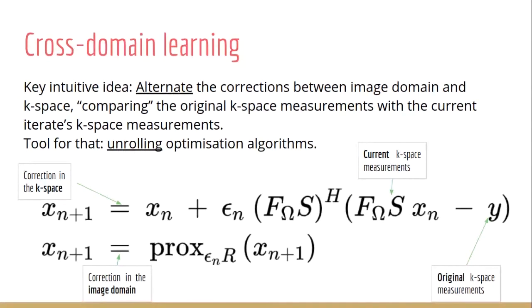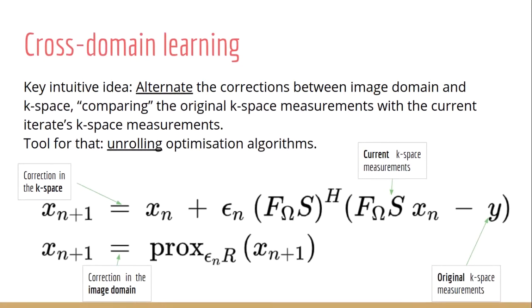So when I say K-space, just think Fourier space, and you should be fine. We're going to try to alternate the corrections between the measurement space and the image space. And while doing so, we're going to try to always compare the original measurements with the current measurements that we have with our solution. And the tool for that is the unrolling of optimization algorithms.